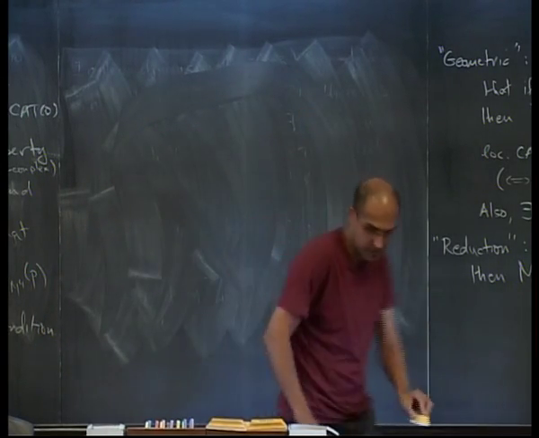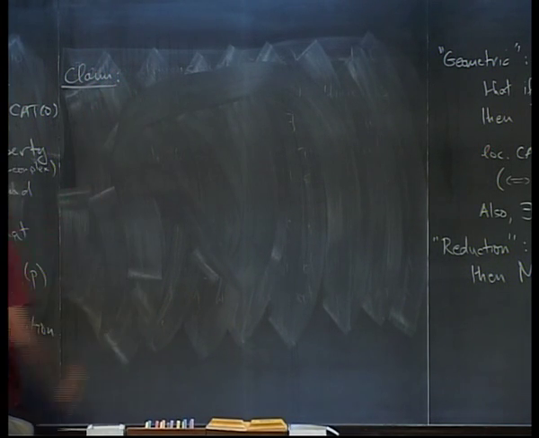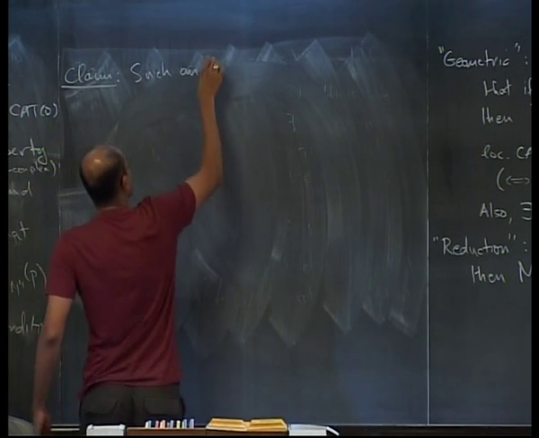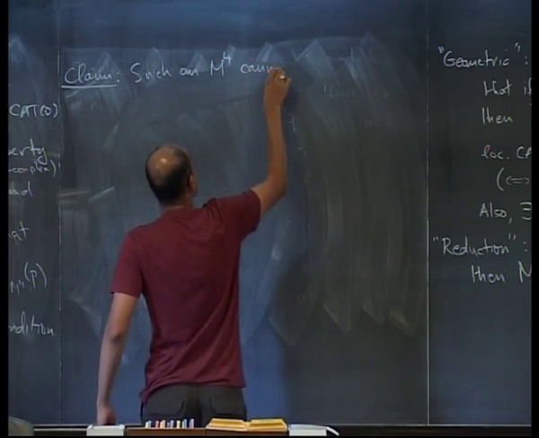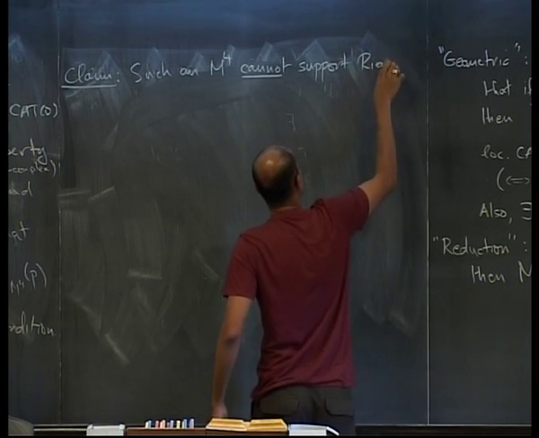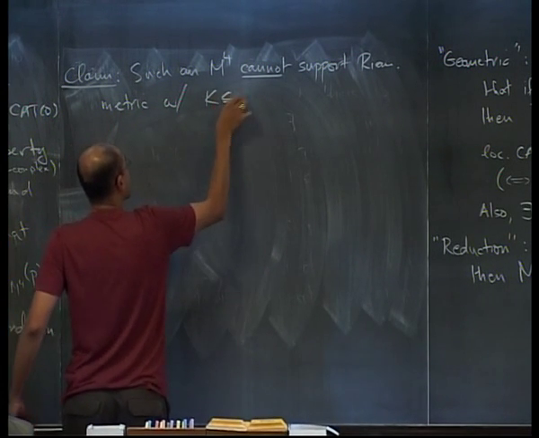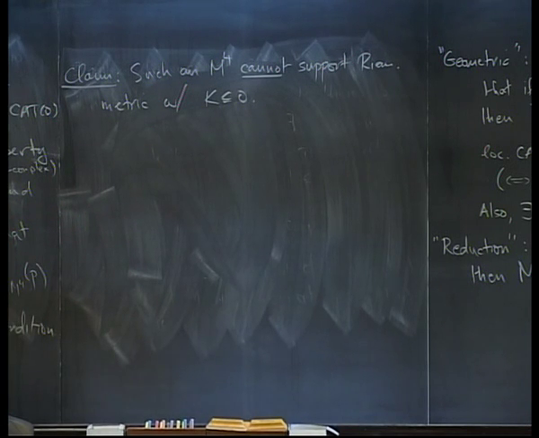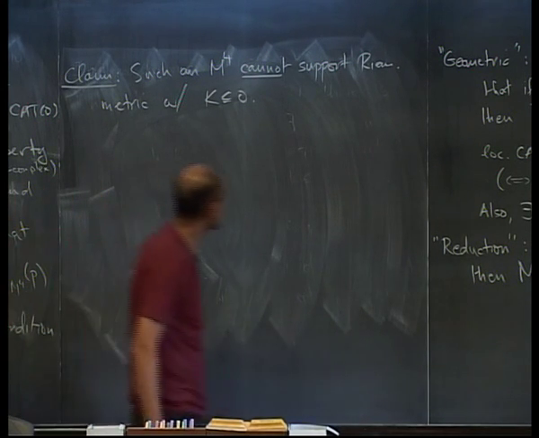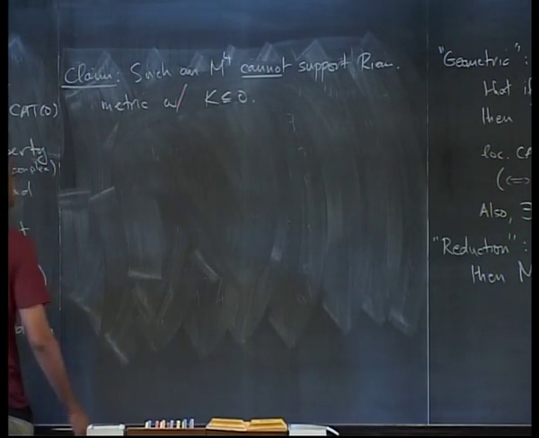So I claim such an M4 cannot support a Riemannian metric of non-positive curvature. There are two steps to this: a local to global and then a global to local.